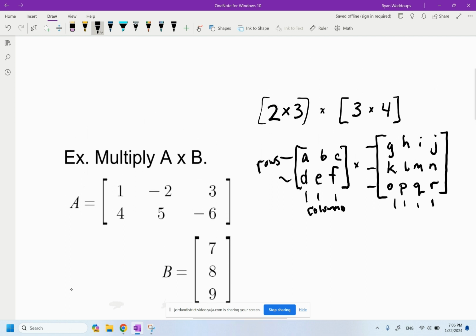This is the number of rows and this is the number of columns.